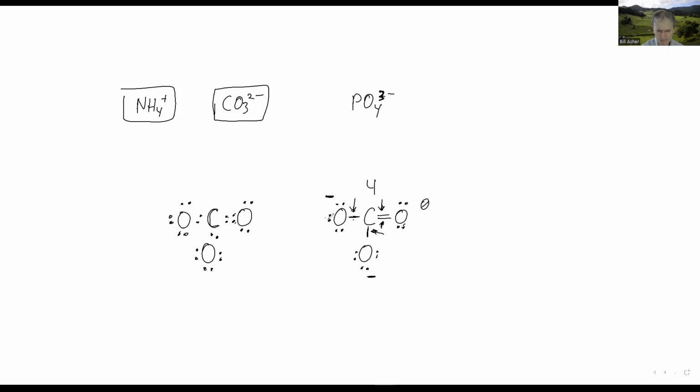Okay. Right? Kind of confusing. Hopefully you understand that when we draw the electronic structure of carbonate, we have this, and then we have this oxygen, and then oxygen, and then there would be 6 electrons here.